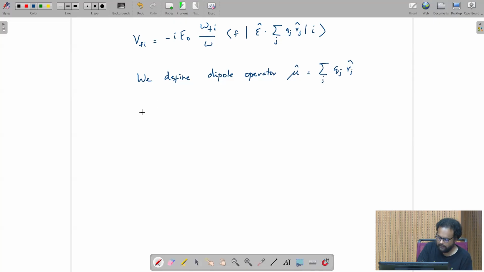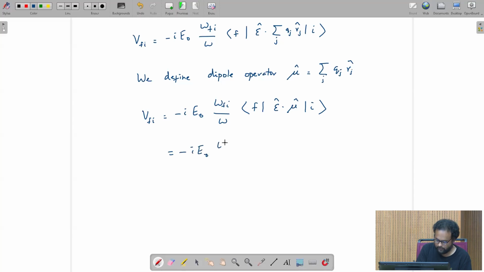If I do that, my V_fi is minus i E naught omega_fi over omega, E dot mu, right? Which is simply the matrix element of my dipole moment operator. So this is minus i E naught omega_fi over omega, mu_fi.